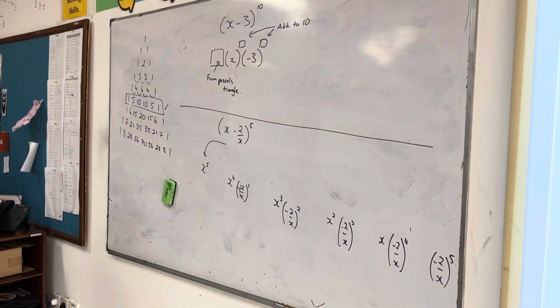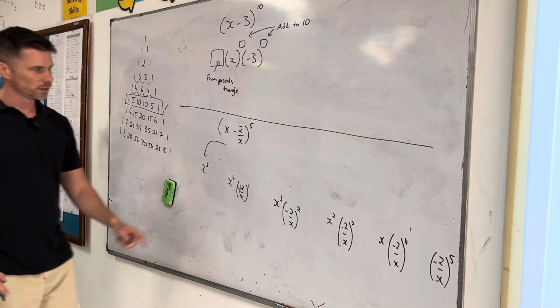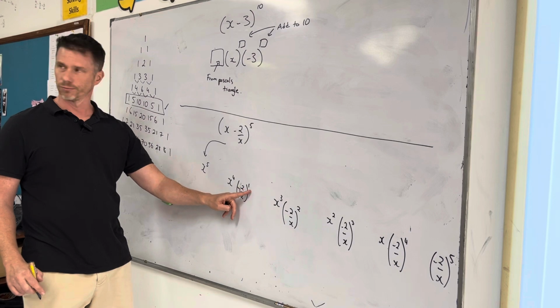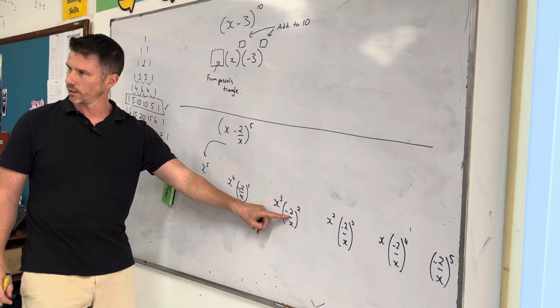But can't you already do the negative automatically? No, every second one's going to be negative, won't it? Yes, it will be negative because when this is to the power of 1, it's going to be negative, but when it's squared, it'll be positive.